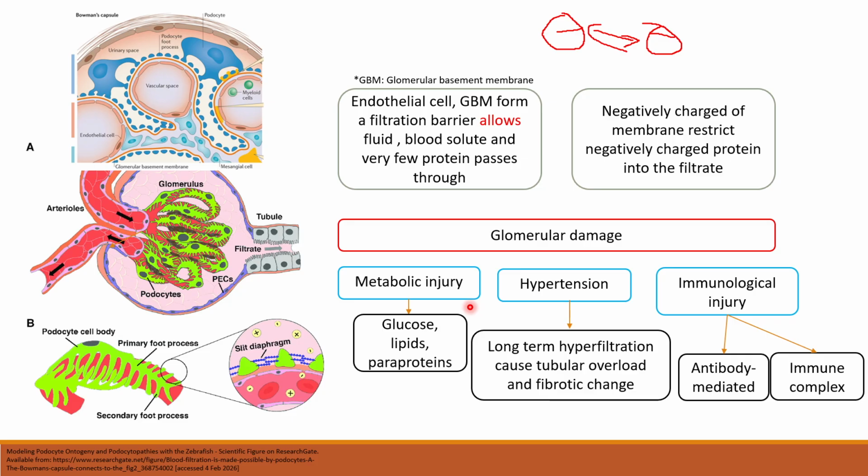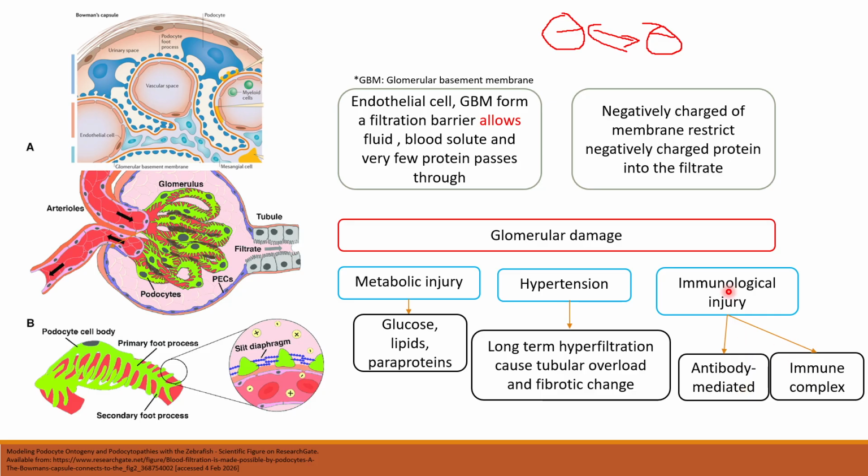And diabetic patients also often have hypertension at the same time. So they have two sorts of injury combined, which means they are more prone to kidney disease. Always remember, in the late stage of diabetes, or not even the late stage, they always have kidney disease. And the next one, which personally I think is the most difficult, is immunological injury.